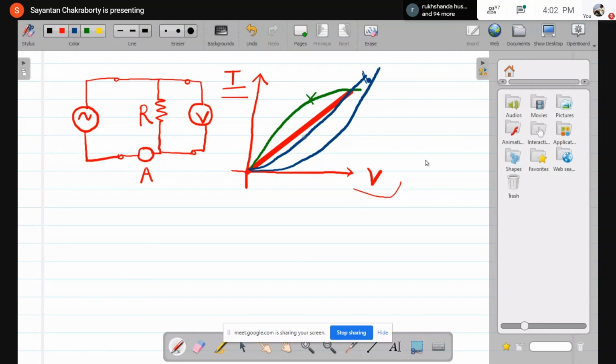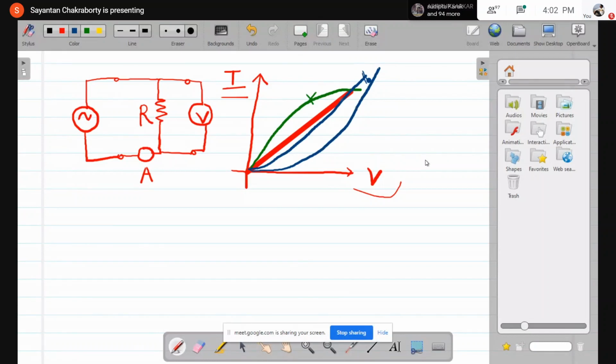Sir, diode. Exactly. And the green one, any filament lamp will work in this function. Not any filament lamp, tungsten filament lamp. If you go for a carbon filament lamp, the characteristics will be something different.